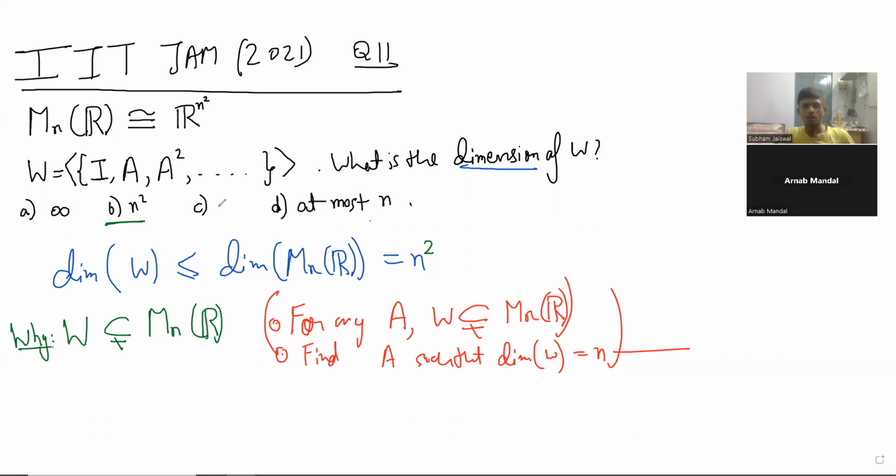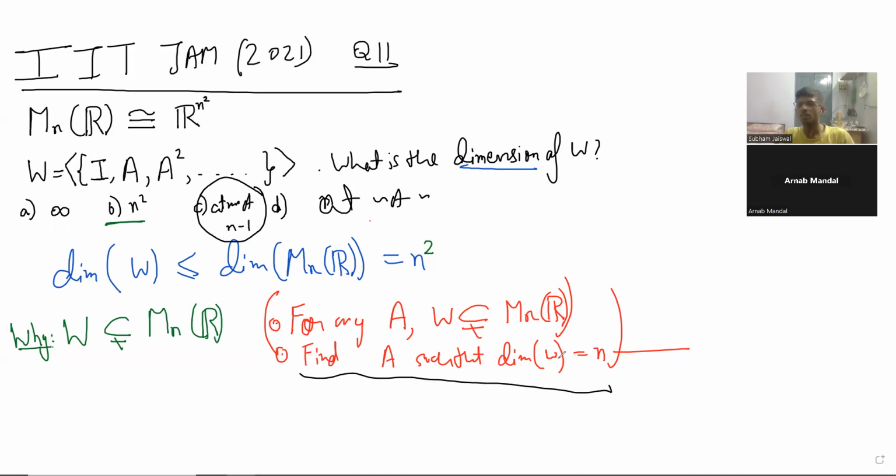But what if it is at most n minus 1, and this is not there, and there is n? Maybe at most n is also there. Logically this also cannot fool you because both of them can be correct. But this will not be correct if it's multiple choice. This will not be correct because of this: find a such that it is equal to n. That's why you should do this one.